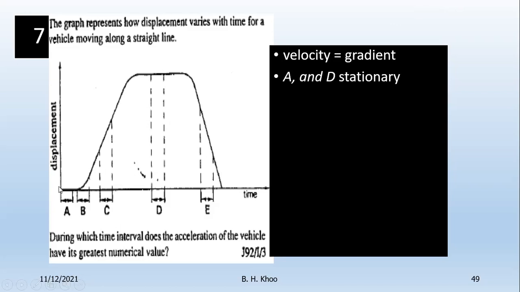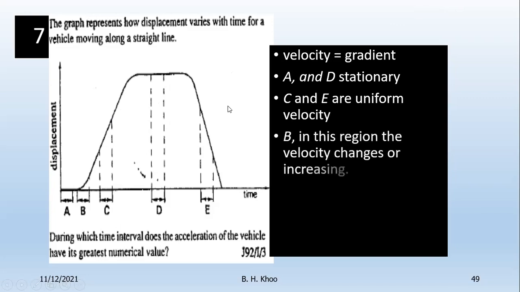A and B, stationary, horizontal line. C and E, right? This is reverse direction, but it's uniform velocity. B is the curve. So the slope is changing. So it's accelerating at B. The answer is B.